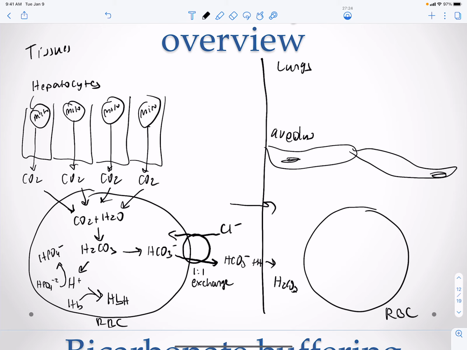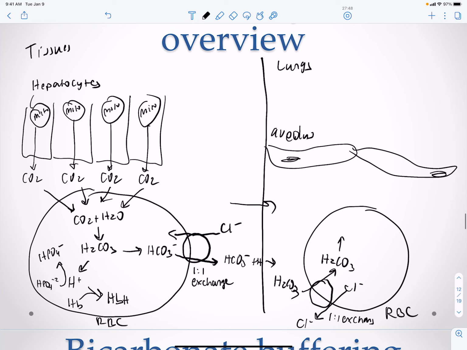And then in the lungs, this is going to again exchange one-to-one with chloride. So again, this is a one-to-one exchange. And now you're going to have your carbonic acid once again inside of the cell, which is not going to be favored. And so this is going to be broken down by that same enzyme, that anhydrase. And you're going to get CO2 plus water.